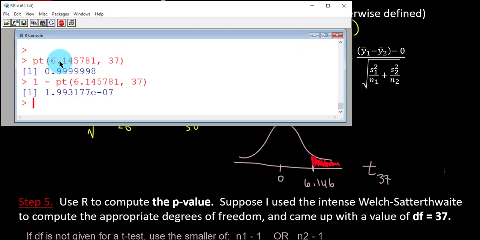So our p-value, I do not need to double that. Remember what this does. This is going to move the decimal place 7 times to the left. Let's write that down. 1, 2, 3, 4, 5, 6, 7. Doesn't really matter, right? That is a very, very small p-value.